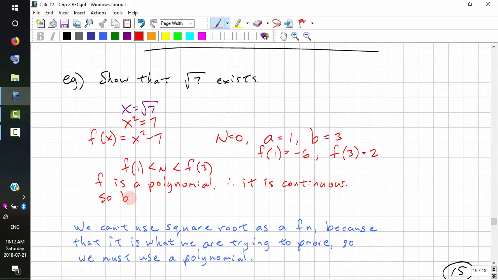So, by IVT, there exists a c between 1 and 3 such that f of c equals 0. And that's how we use IVT. And that completes this short lesson.